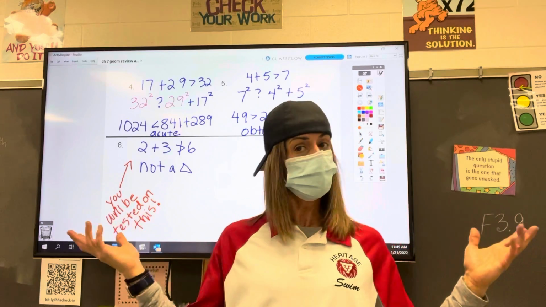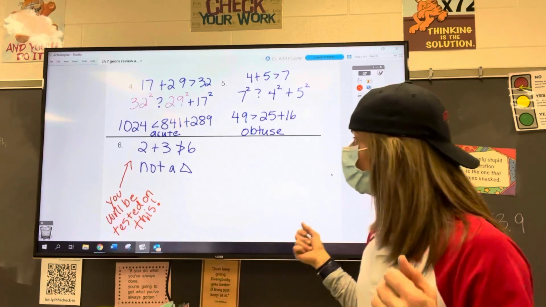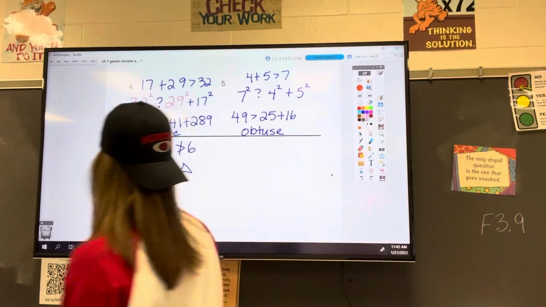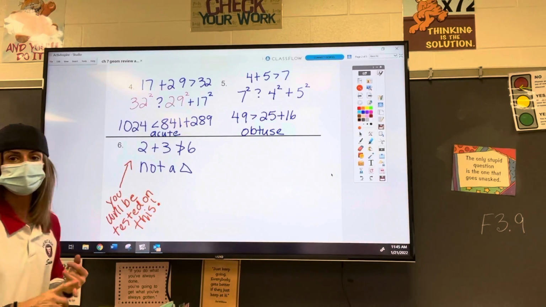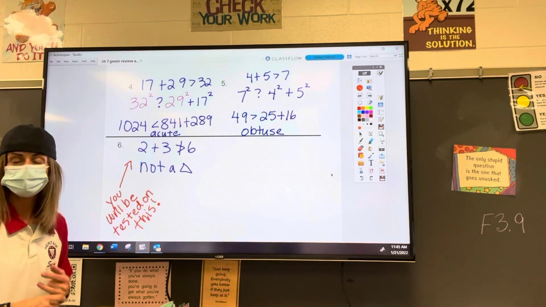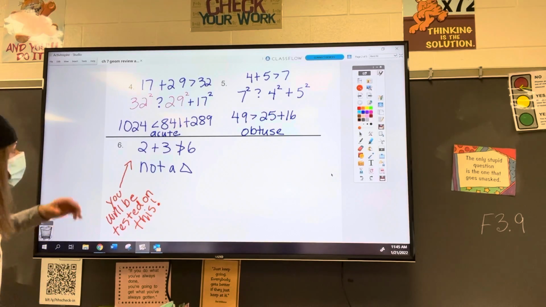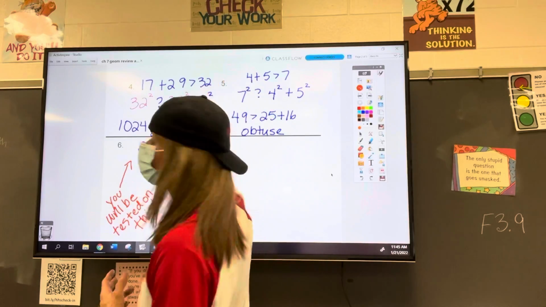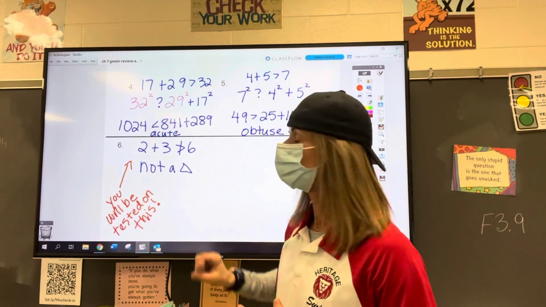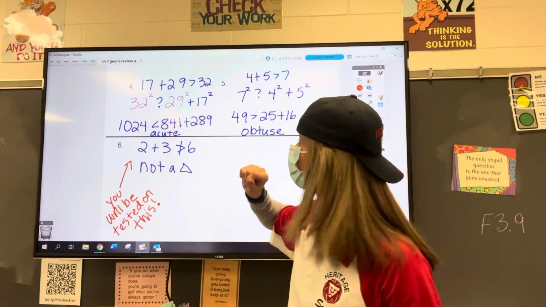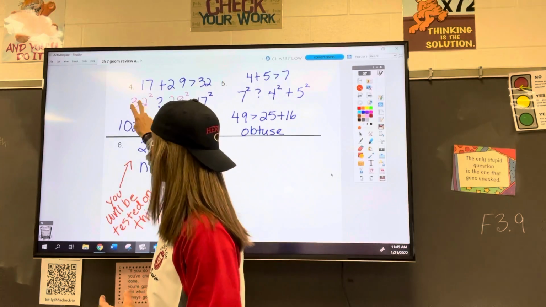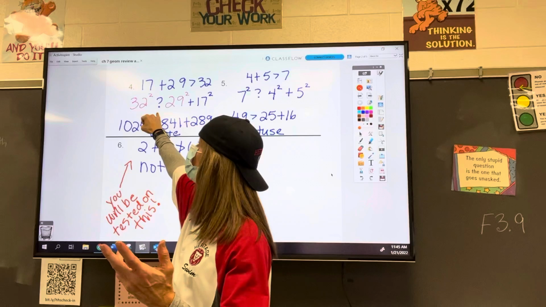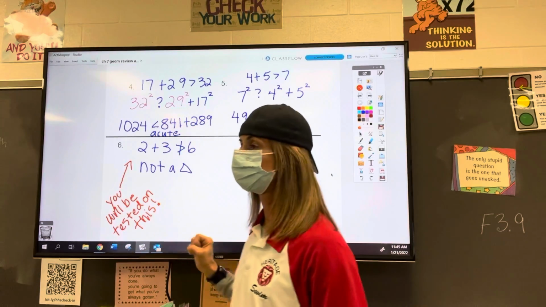Now, what kind of triangle? What kind of triangle is decided using c squared, if it's greater than, less than, or equal to a squared plus b squared. C has to be the largest number. So in this case, C has to be the 32. The other 2, A and B, are interchangeable. So we put the 32 in for C. So c squared, is that greater than, less than, or equal to a squared plus b squared?